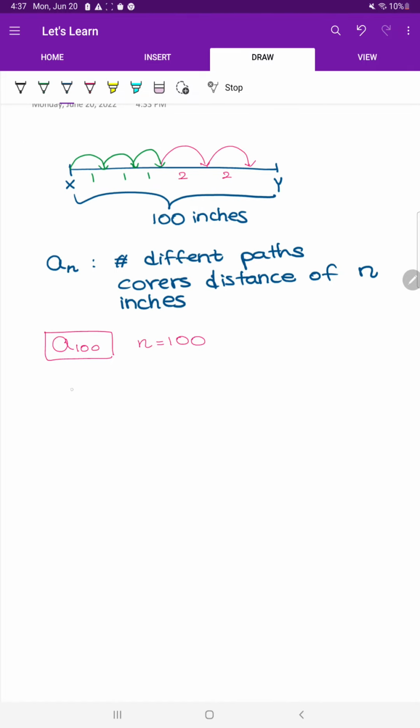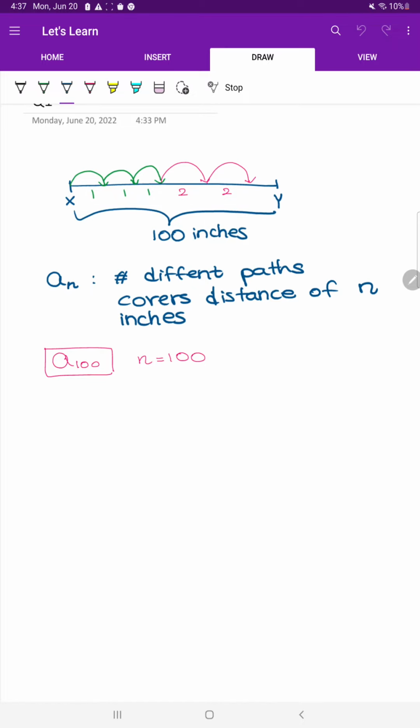The next goal is to find an expression for a_n. We could write a_n as a_(n-1) plus a_(n-2). First consider the last step.